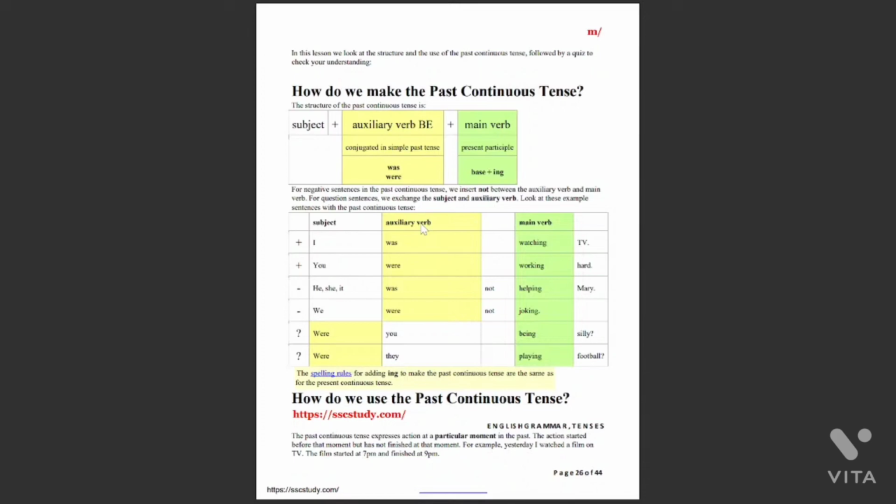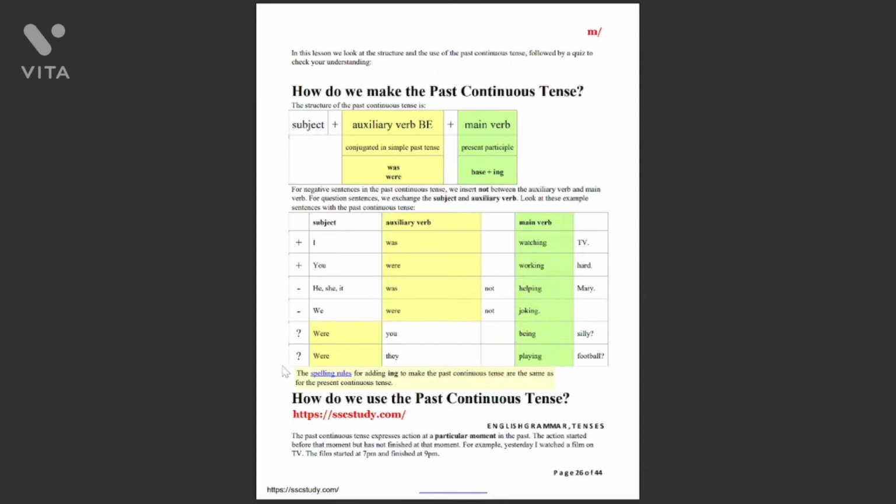Look at these examples now. For the positive sentence: I was watching TV. I is the subject and the auxiliary verb is was; was and were will be used. You were working hard. For the negative sentence: He was not helping Mary. We were not joking.